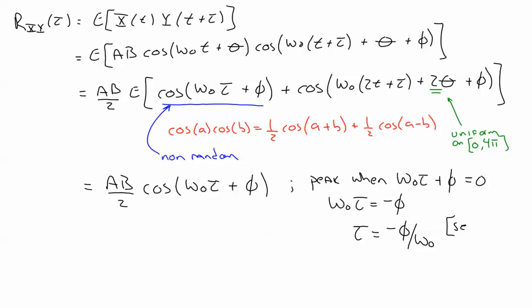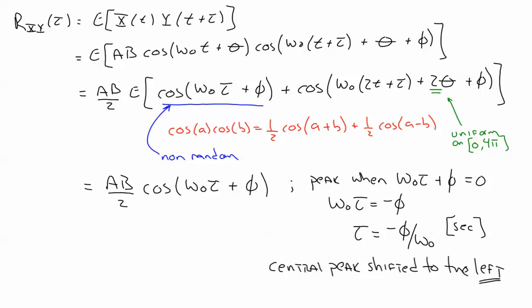That'll be in seconds. So by virtue of the minus sign here, we'll see that the central peak of this autocorrelation is shifted to the left in tau. It's shifted a bit to the left in tau.